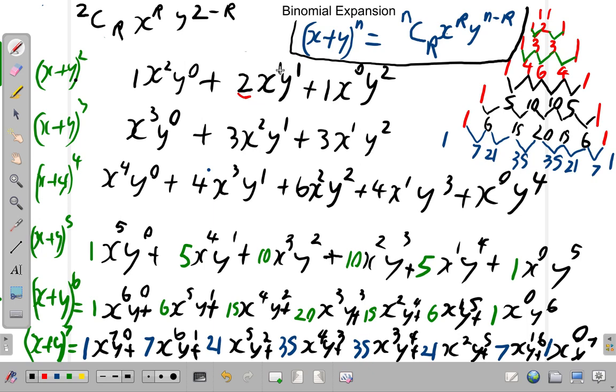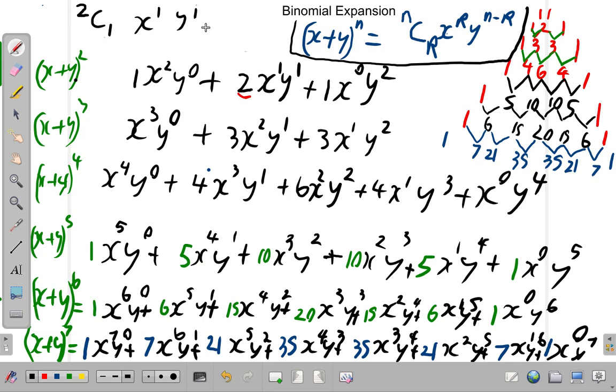It's 1. So r is 1. Looking at the pattern here, x to the r, this is x to the 1, so r is 1. So you change r to 1. So 1 will come here, 1 will come here, 1 will come here. So it's 1, 1, 1. 2 minus 1 is just 1.